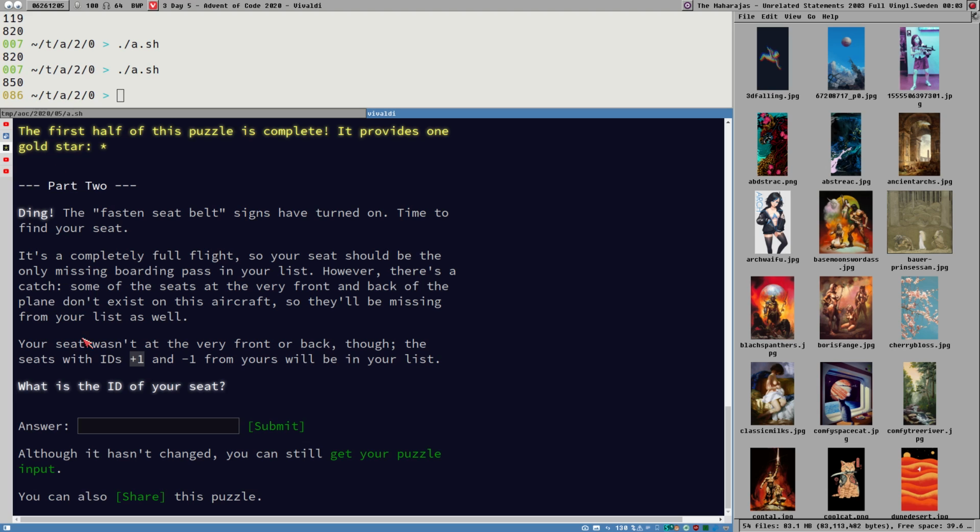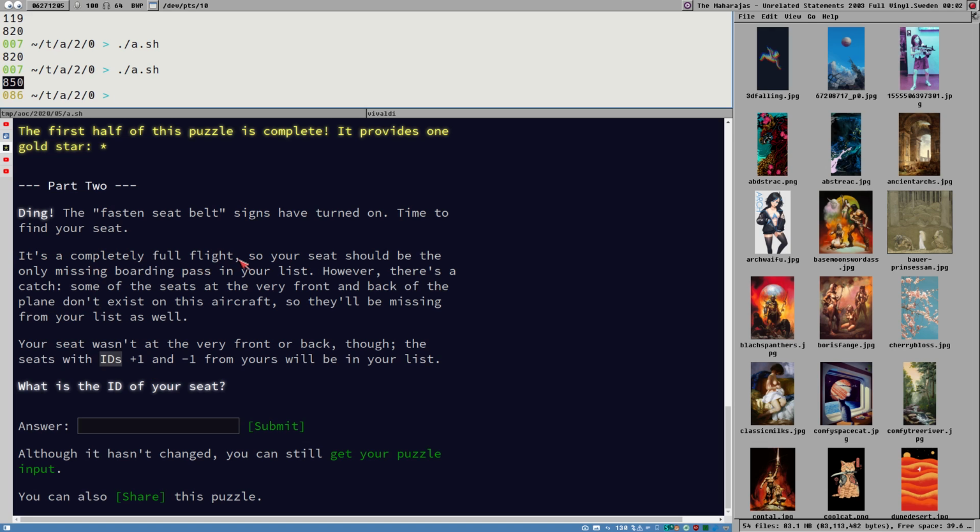I don't really get it. What is the ID of your seat? Isn't that what we got here? 850. I don't really... I really don't get this puzzle here.